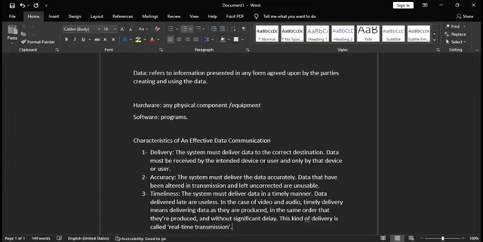Why? Because sometimes you notice a move in the lips of the person who is speaking, but you didn't hear the sound. Then the sound is coming afterwards. So these are the kind of things we are talking about, that timeliness needs to be present. Otherwise, communication will be useless.